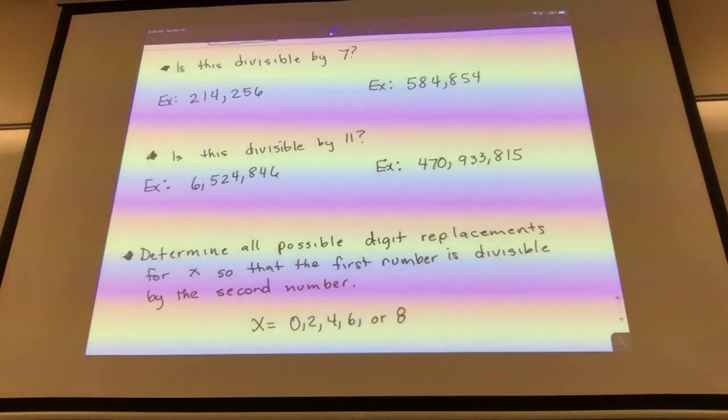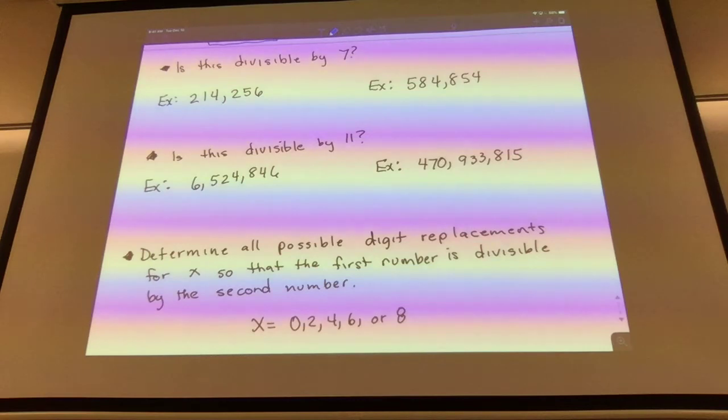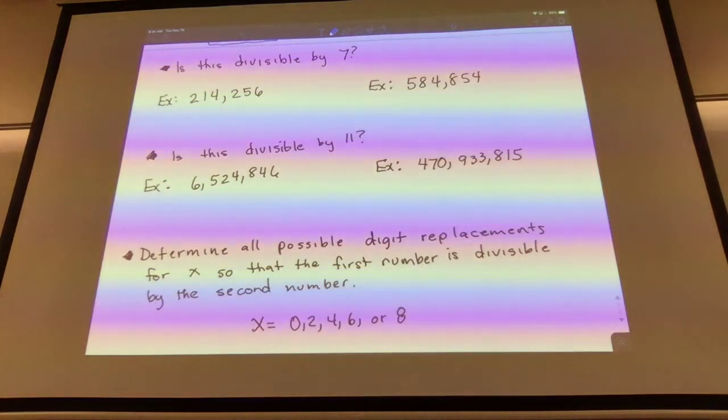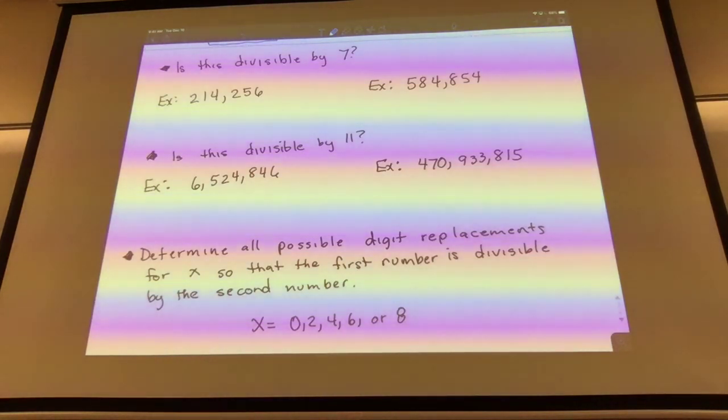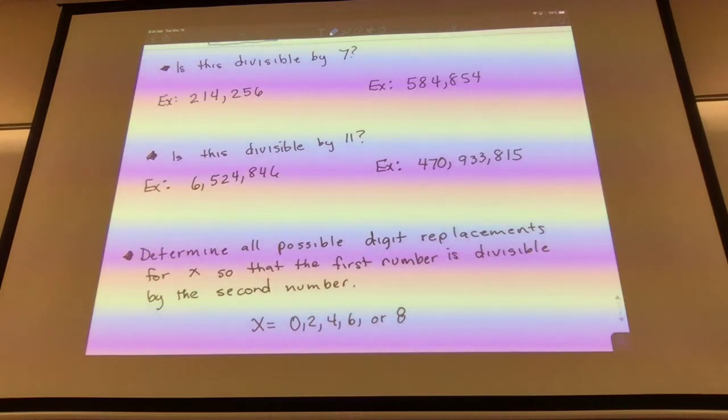Okay, so the next one gives us 2 divisibility rules that the textbook didn't necessarily breach. So the 7s, which I gave you one with a handout that included it, but it was extra, so we didn't really look at it. And then 11 wasn't on our list because they aren't like quick hit, real easy things. So what's your tactic for this? Just take those numbers off to the side and divide them and see if you get a remainder of 0 or not.